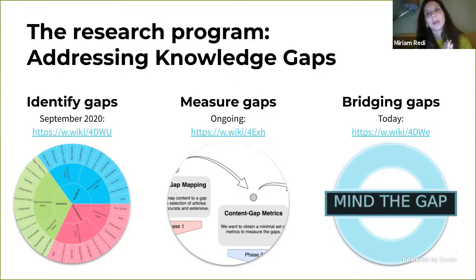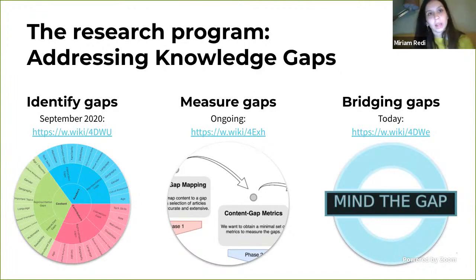This program is a multi-year program and is really the product of the effort of many, many people in the research team and across many teams, as Leila was mentioning, at the foundation and beyond the foundation in the academic world. There are 3 main strategic directions within this program.